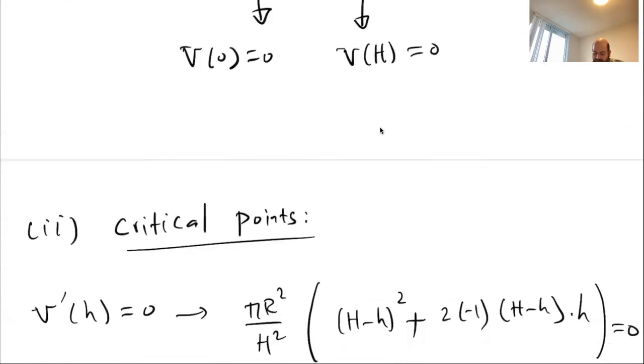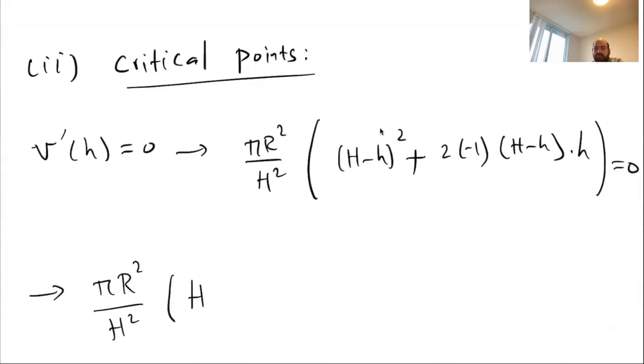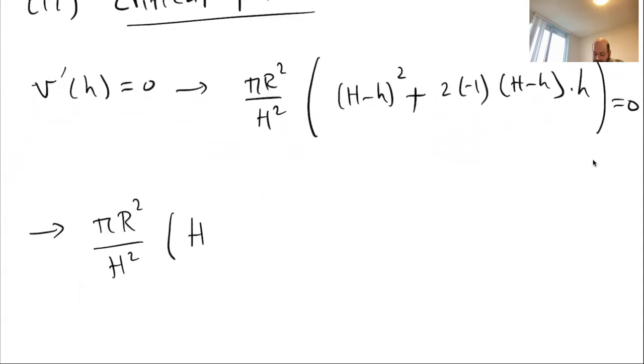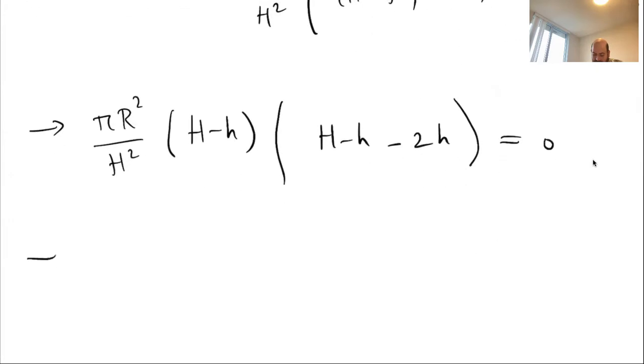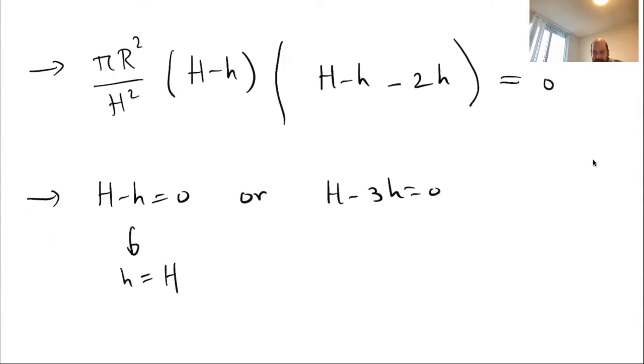So this one is u v prime, and this is u prime times v. Okay, and then I can take H minus h also out. What will be left? H minus h minus 2h equals 0. So then I will have either H minus h equals 0 or H minus 3h equals 0. So this one gives me h equals capital H, which we already had above. And this one gives me h equals H over 3.